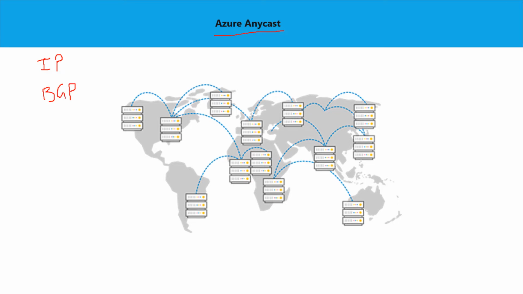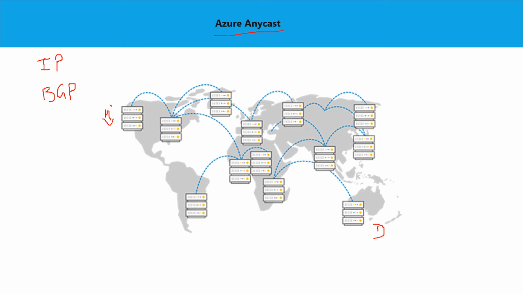BGP builds a routing table, and if I want to talk from a source host to a destination host, it is going to be unicast communication. There's going to be the BGP routing table, and you do some sort of route lookup, hop by hop, to reach the destination from the source.